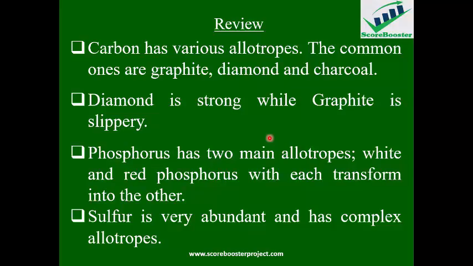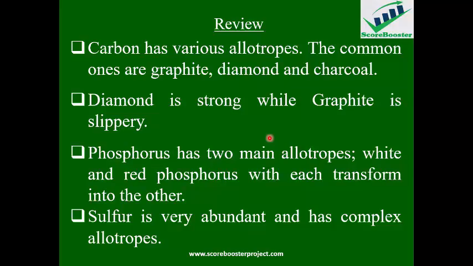Sulfur is very abundant and has complex allotropes. We have the rhombic sulfur, the monoclinic sulfur, and the prismatic sulfur. The beautiful thing about this is that you can transform from one form to another, especially in phosphorus and sulfur, but in carbon you cannot transform it. We are going to talk about each of these later.